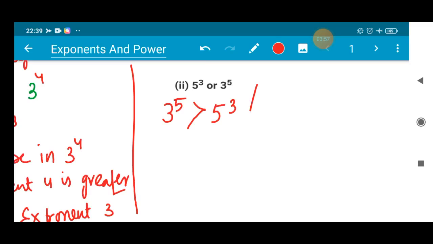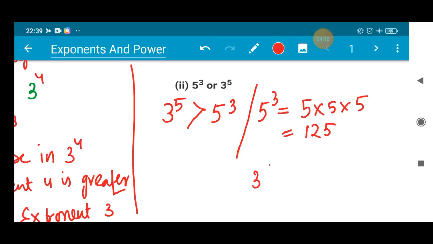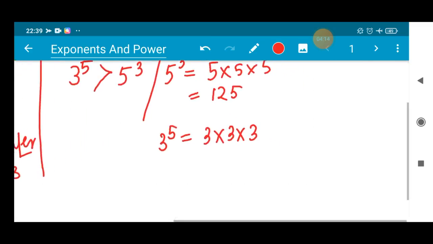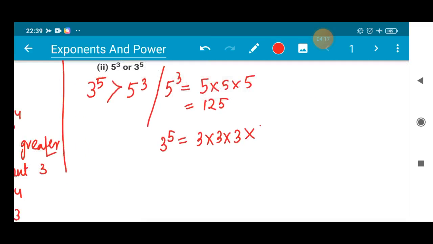Or you can also go for the expanding form. 5 cube, when you expand this, you'll be getting 5 into 5 into 5. So 5 5s is 25, 25 5s is 125, right? Now when you expand 3 to the power 5, you'll be getting 3 into 3 into 3. How many 3s? 5 3s. 1 2 3 4 5.